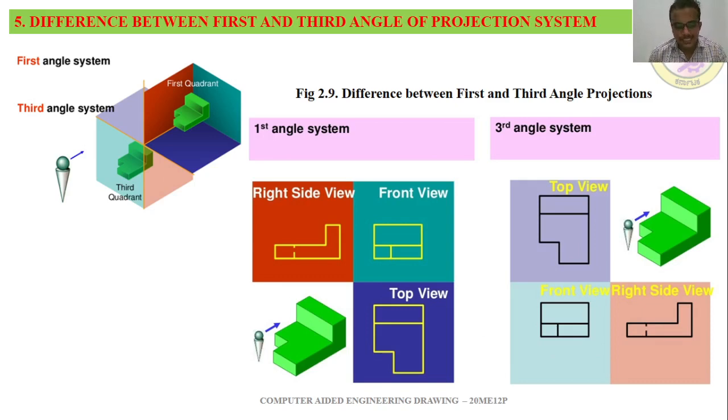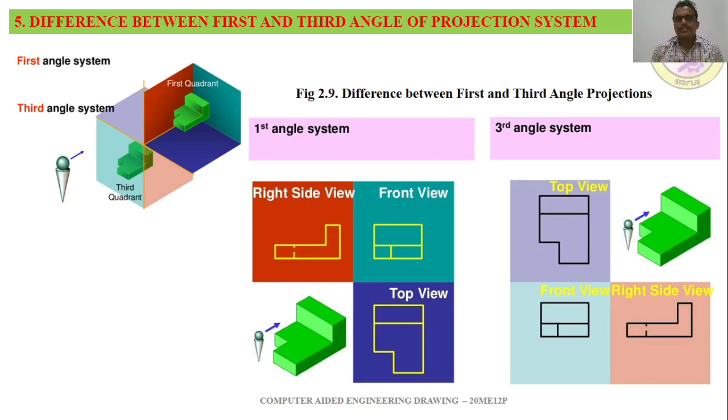So dear students, this is all about the basics of the projection systems and the quadrant systems, and we understood the basics of first angle projection and third angle projection. At the end, we understood the differences between them, and we again discussed the same topic with a small example.